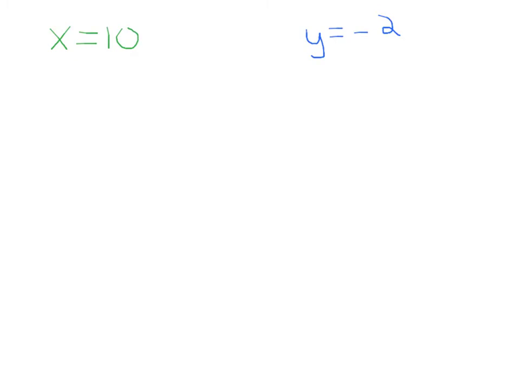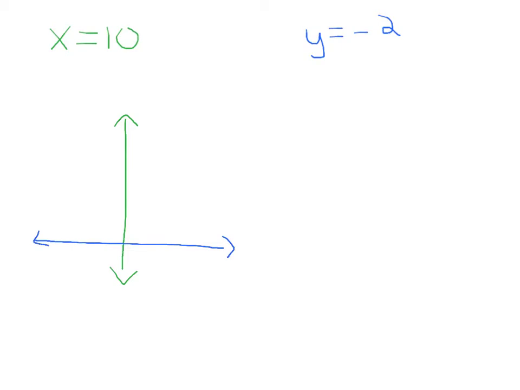Here we have two different equations of lines that are special cases. Let's draw a little picture. x equals 10 is going to be a vertical line at x equals 10. And then y equals negative 2 is going to be a horizontal line at y equals negative 2.